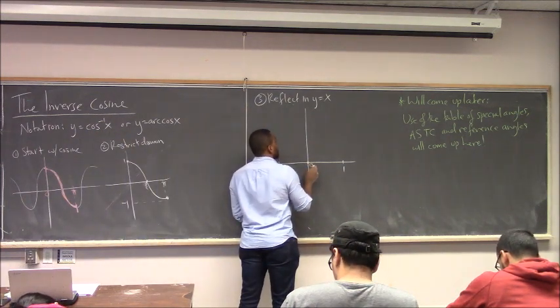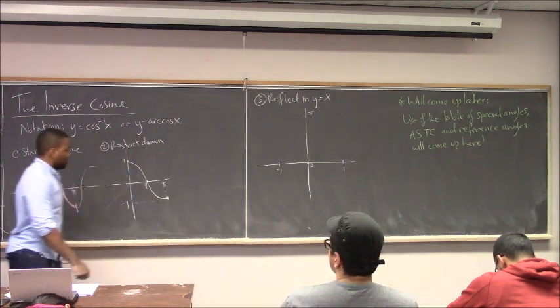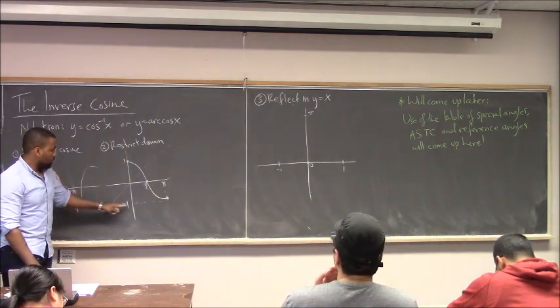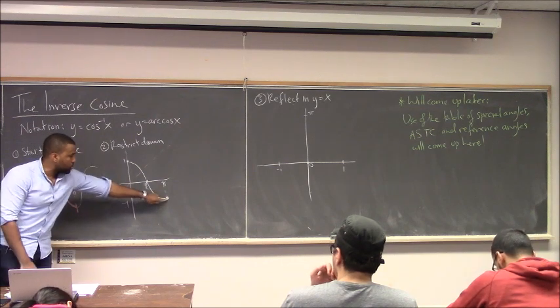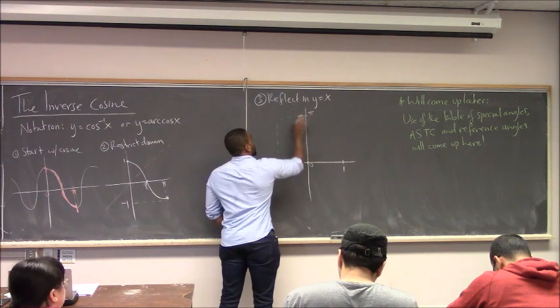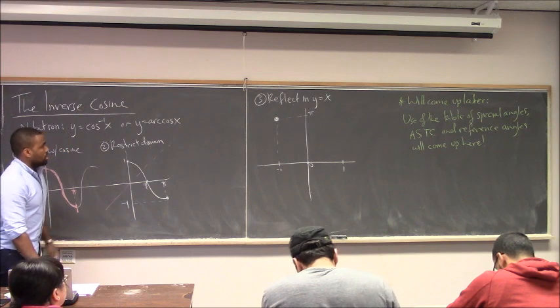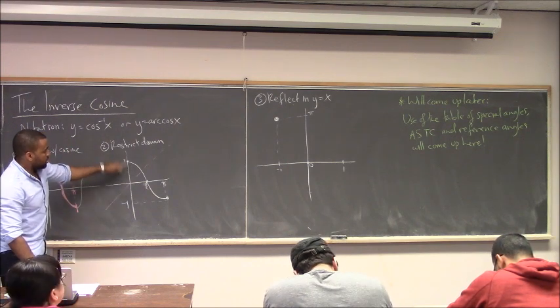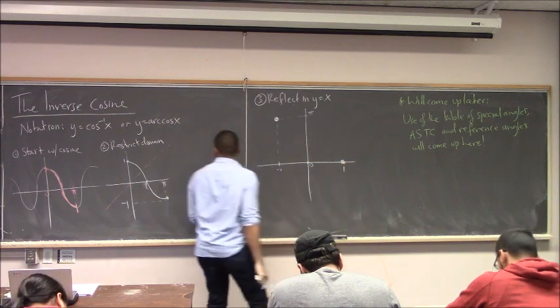So 0 up to pi. And of course, notice here, the pi corresponded to the -1, so this point here is going to flip up to be at that point here. And the 1 corresponding to being on the axis, so this guy's going to go here.